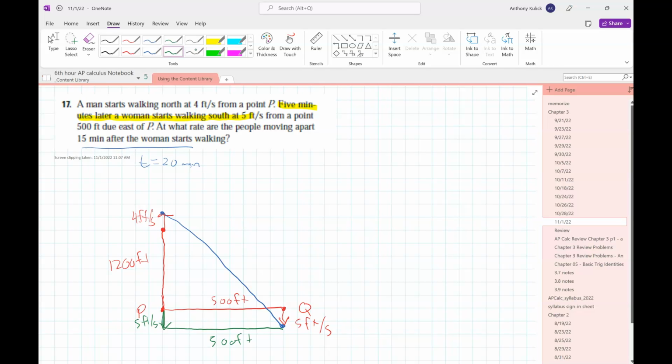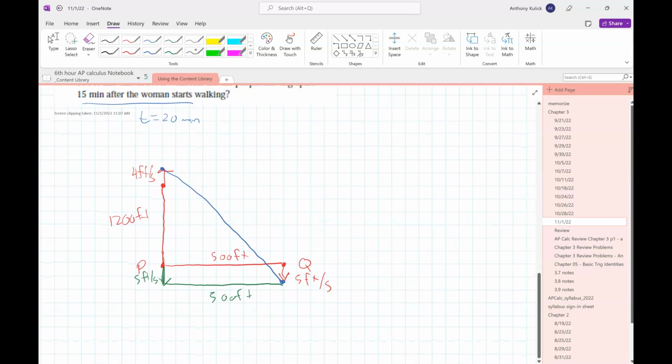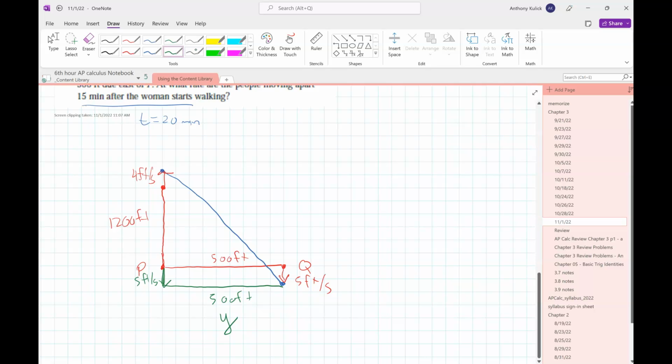Okay. Now, this side, let's call it y, that's constant. Stays 500 feet. Everybody agree? This whole side we're going to call x. That's changing, though, at each second, correct? What is the dx dt for that side? 9, right?